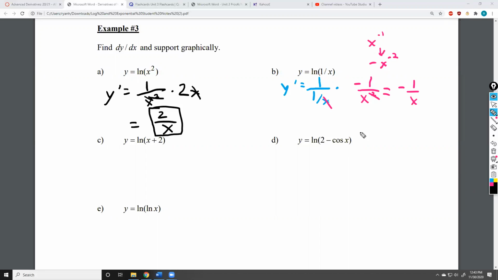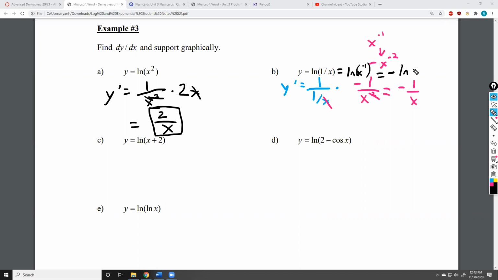So another way you can actually catch this is if you realize that this is the natural log of x to the negative first. And if we have natural log of x to the negative first, this negative 1 up in the exponent means, if you remember your properties of logarithms, if I've got an exponent inside of the logarithm, then I can just bring that negative 1 out in front.